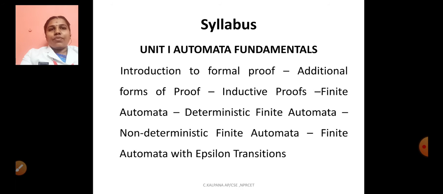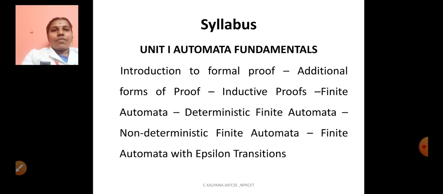And this is the syllabus of Unit 1 Automata Fundamentals: Introduction to Formal Proof, Additional Forms of Proof and Inductive Proofs, Finite Automata, Deterministic Finite Automata, short form DFA, NDFA, that is Non-Deterministic Finite Automata, and Finite Automata with epsilon transition. Epsilon means empty transition.